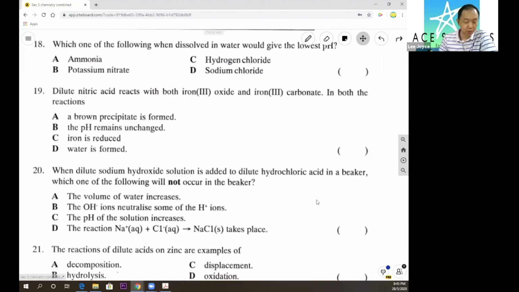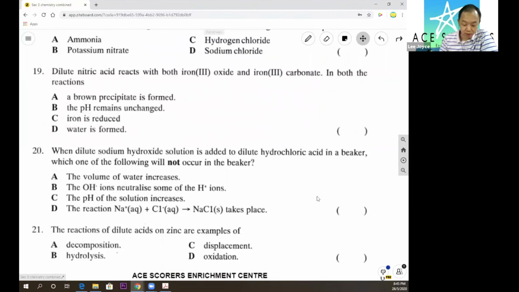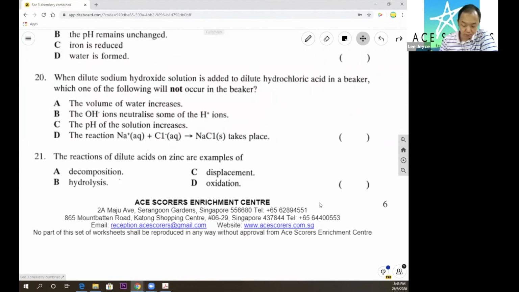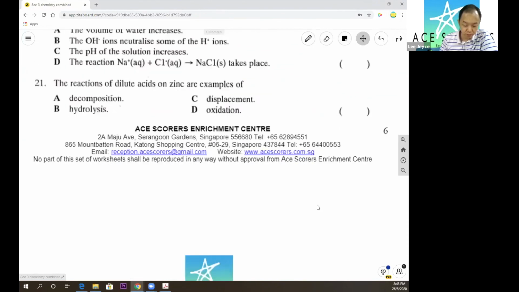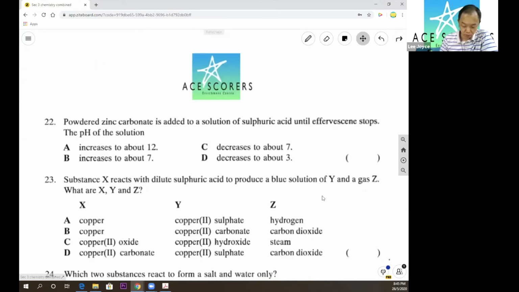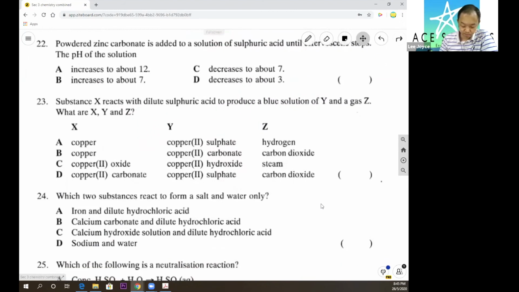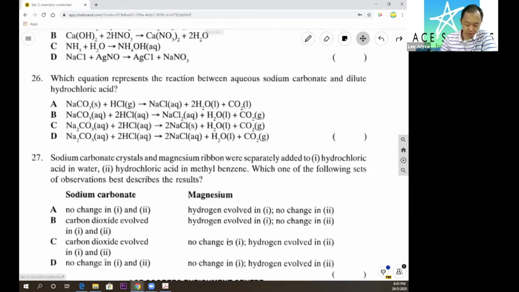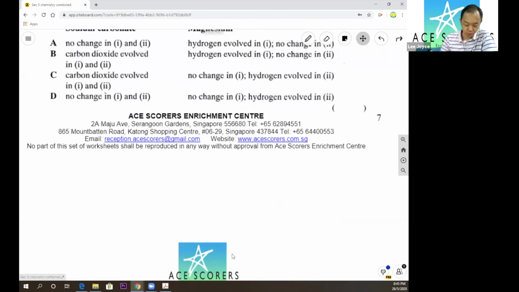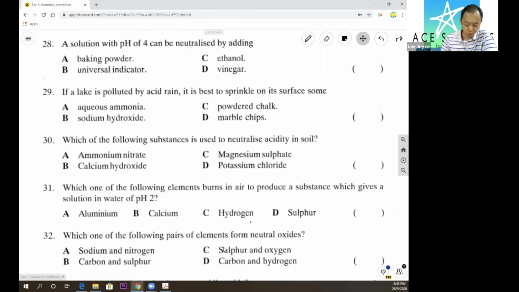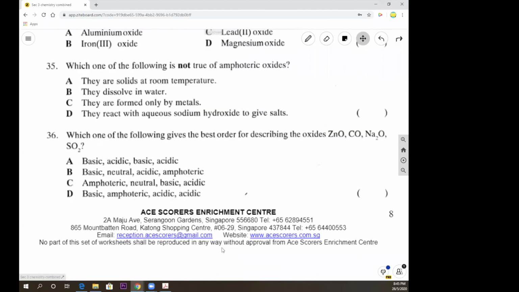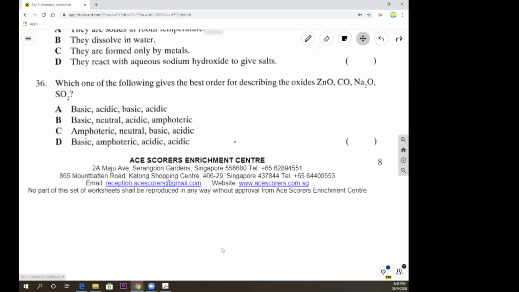Okay, some of these Ms Joyce must use the textbook to go through. Go to reference. Okay, maybe skip MCQ. Neutralization. Okay, this one also can.